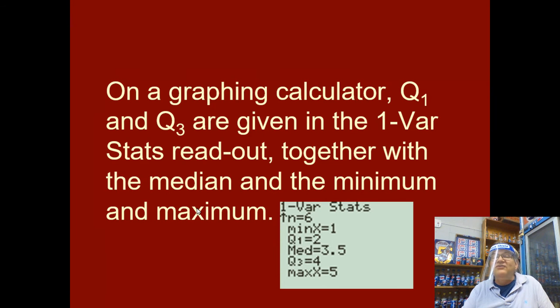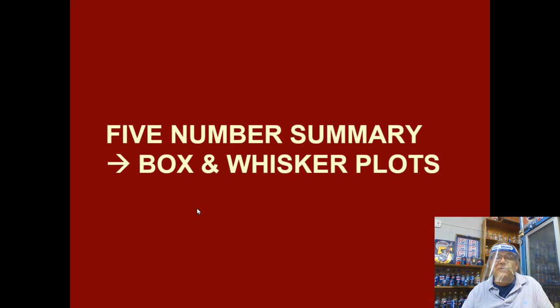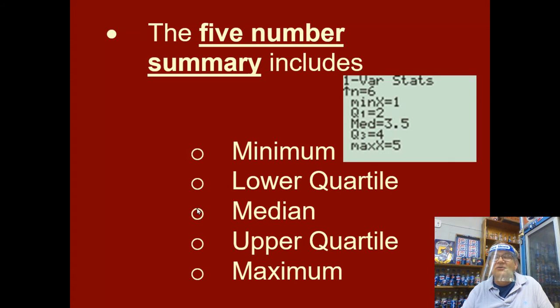Okay, so we're going to just expand that slightly, mostly showing you a little bit of vocabulary you'll see with things in the book, and also talking about a way that we can show that graphically. We're going to talk about what's called the 5-number summary, which is literally what you just saw on your calculator. It's a quick way of showing where your data is.